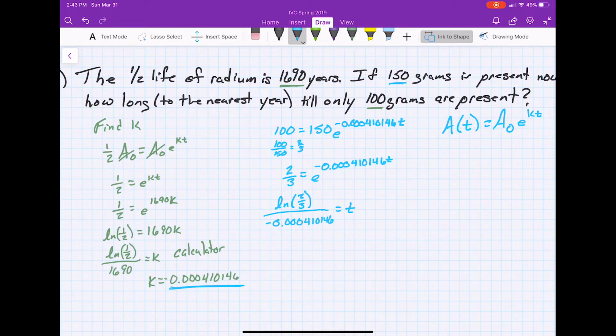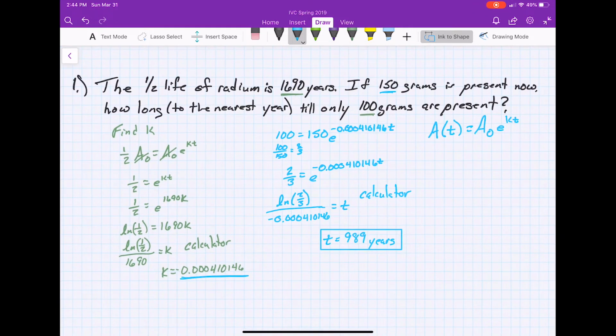So I will resort to the calculator. I'll plug in ln 2/3 divided by this big long number, and you come out with time is equal to 989. That, of course, is years. And that is the answer for number 1.